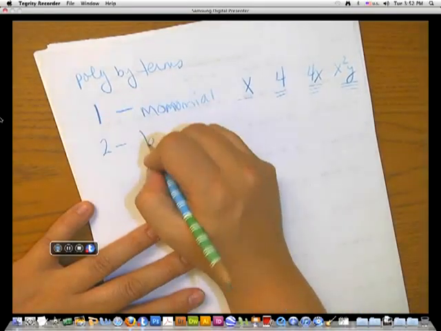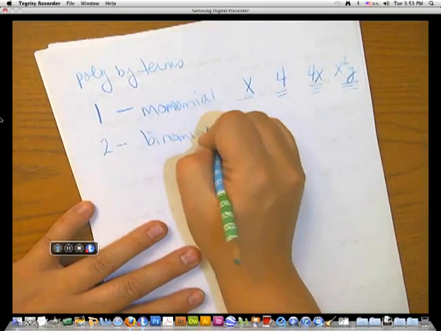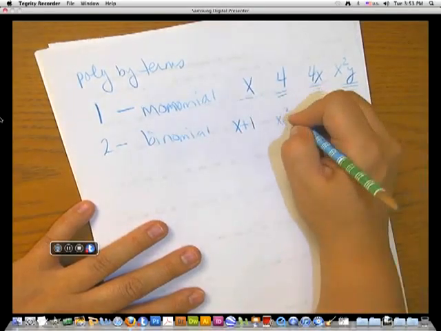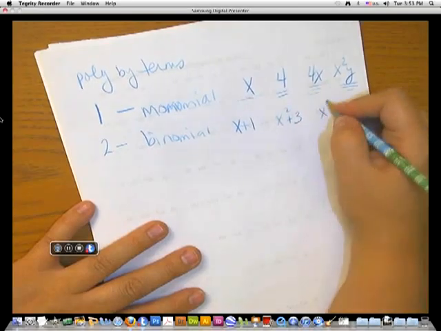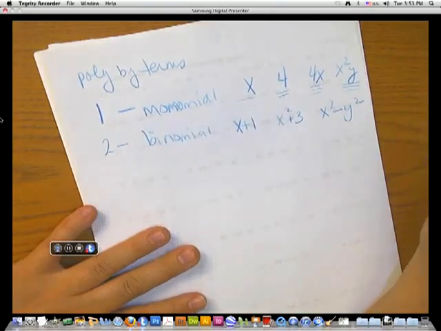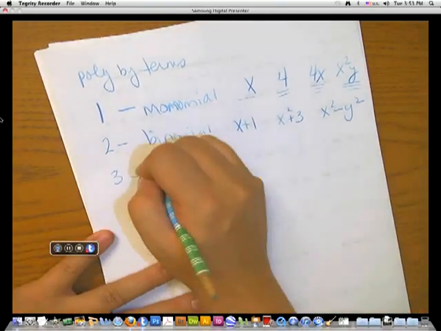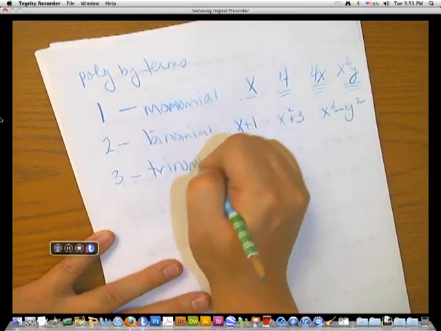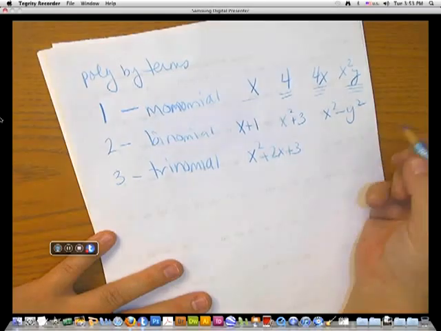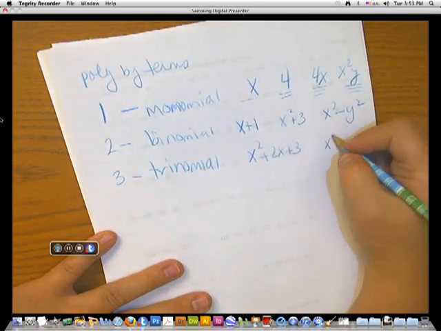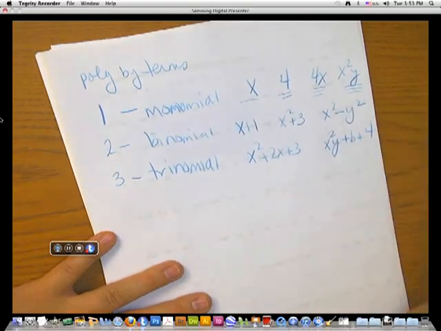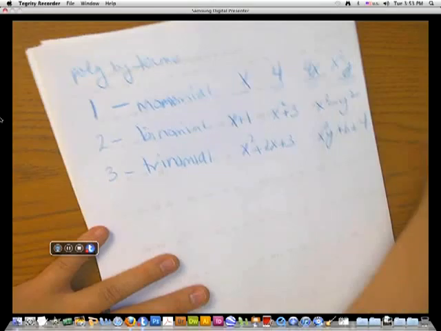If something has two terms, we call it a binomial. And that means it might be numbers and letters. It can have exponents. It can have different letters. 3 terms is called a trinomial. It can have numbers and letters and exponents. It can have different variables or anything else that's in it.